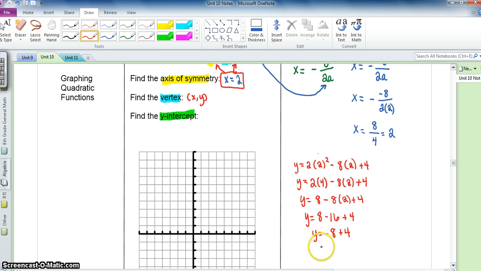And a negative 8 plus 4 is a negative 4. That's my y value. Vertex is a coordinate point. It's your x, which was found here, and your y, which is found by plugging your x in and solving. So I get a vertex of 2, negative 4.